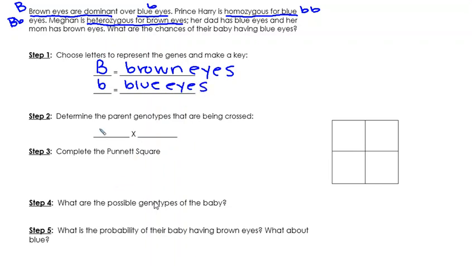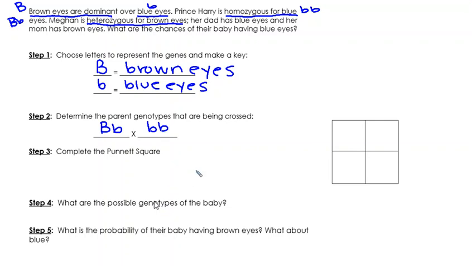Then step two is to determine the parents' genotypes that are being crossed. Meghan's genotype is heterozygous for brown eyes, so her genotype would be big B, little b. And Prince Harry's genotype is homozygous for blue, so it would be little b and little b.